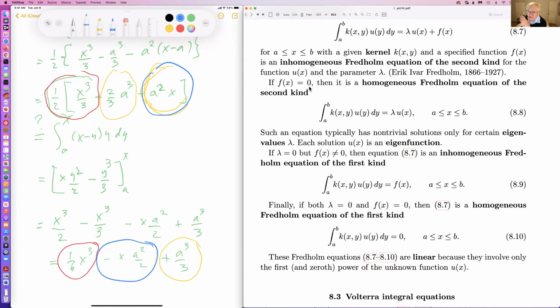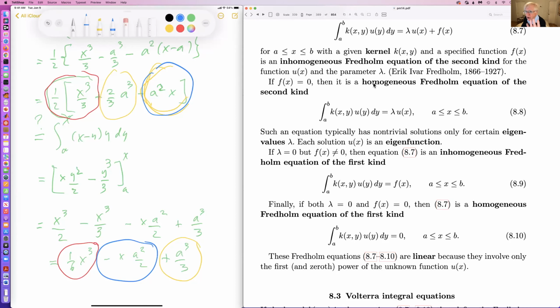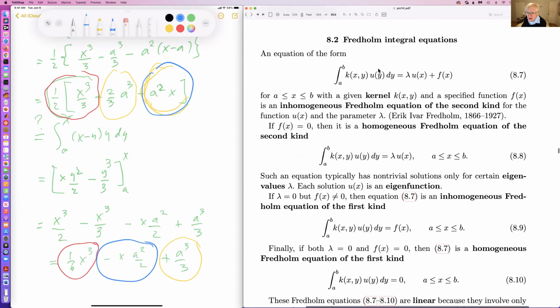If f of x is 0, then it's called a homogeneous Fredholm equation of the second kind, and that's because every term is linear in u, and there's no non-u term. So now it's a linear equation.